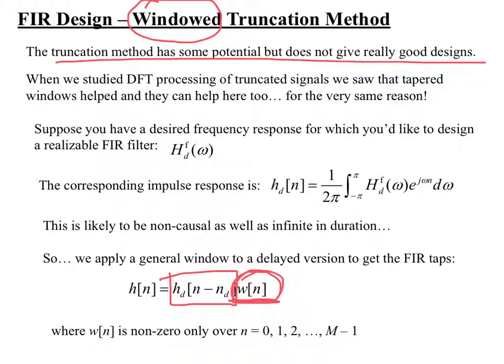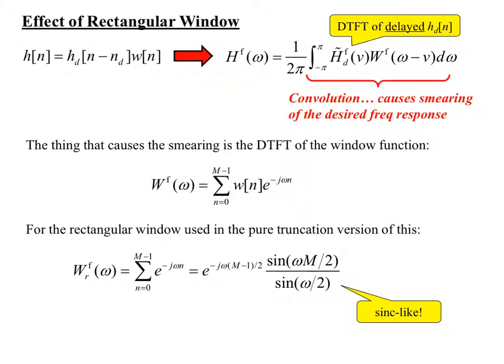And we saw in the FFT and DFT analysis sections that was a problem with the rectangular window. And so maybe it would make sense to try this with some other window shape. And that's exactly what we can do.